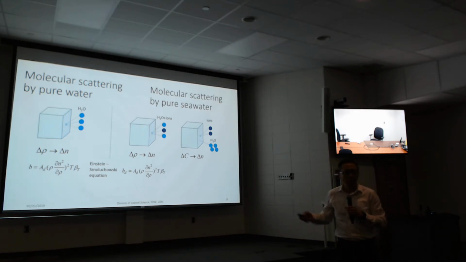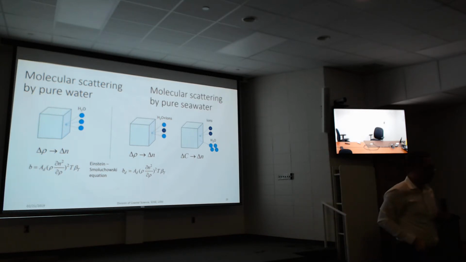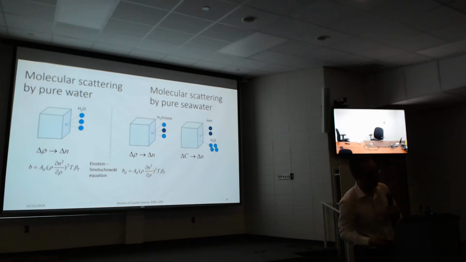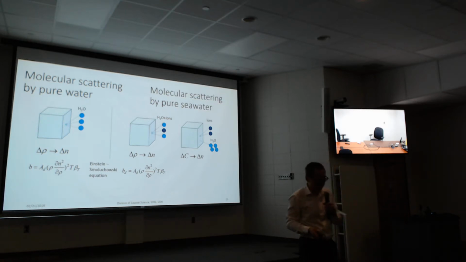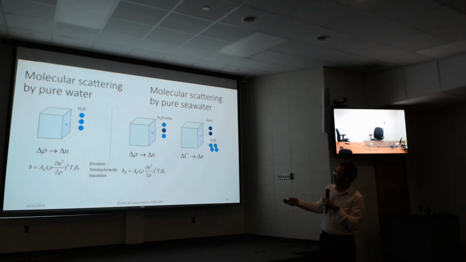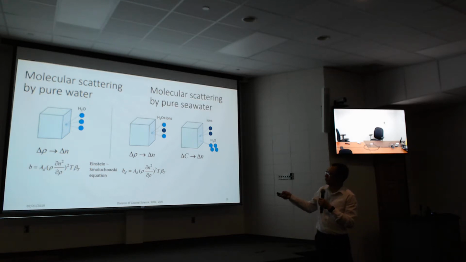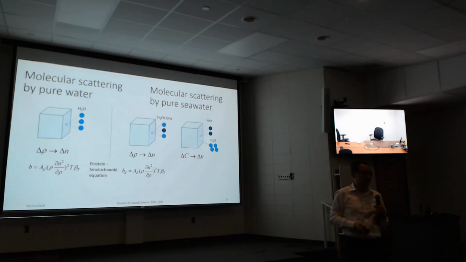Imagine this is a very tiny volume. Molecules are in constant thermal motion. At this instant, there are 3 water molecules, among the many molecules in this little volume, and 3 more water molecules move into this volume.